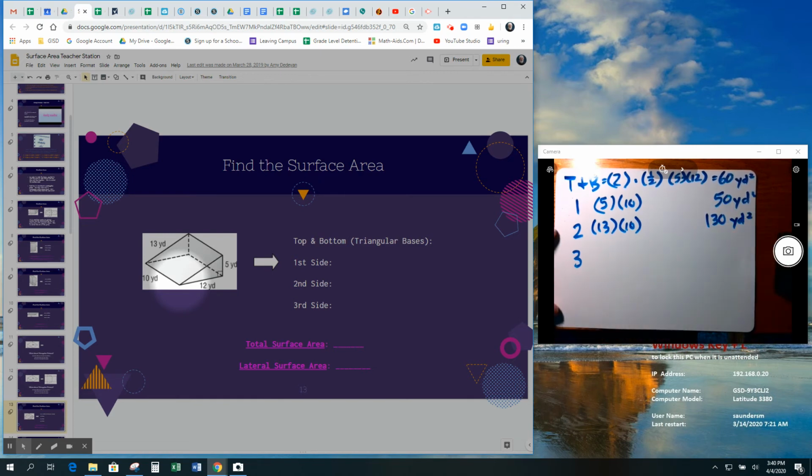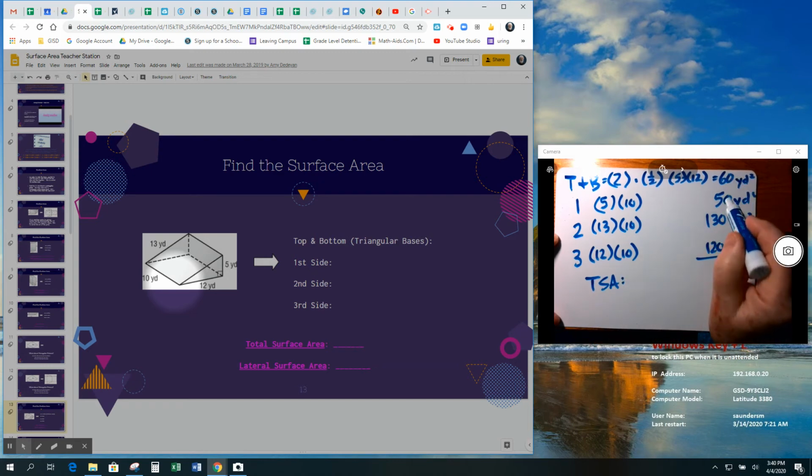And lastly, my third side is the one that's flat on the table, and that one is 12 yards by 10 yards. Okay, be very careful. So 12 times 10 is 120 square yards. And so my total surface area is all of those added together.